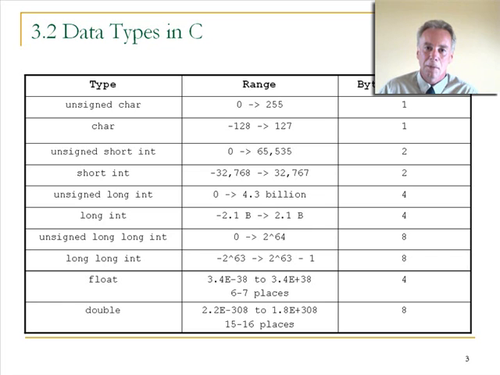In some modern C compilers, there is another data type called a long double, which is a 16-byte floating point value. And the Microsoft C compiler doesn't have one of those. If you declare a long double in this compiler, you will get the same thing as a double value.